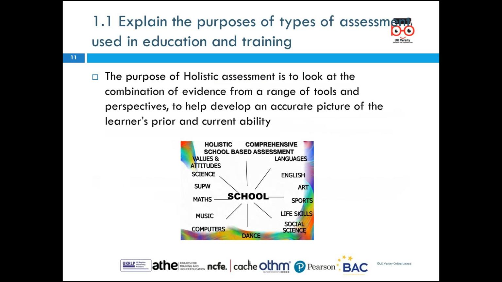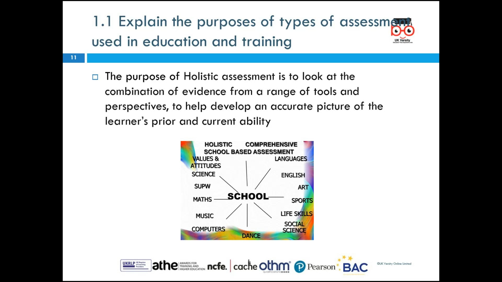So the purpose of holistic assessments is to look at a range of evidence, or a combination of evidence, from different tools and perspectives. So it might not just be you. If we're both working with one child and I've gone in and tried to get an assessment and they've only shown that they know about 4 sounds from phonics and they're not able to count to 10 for me, they're just really quiet, not responsive.